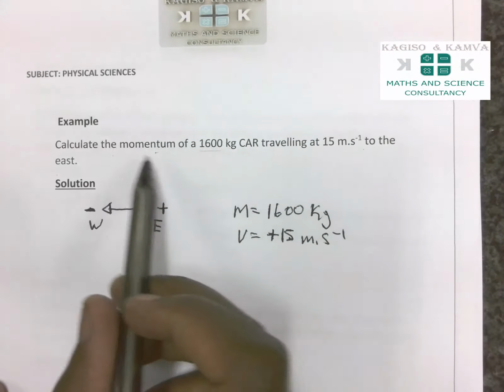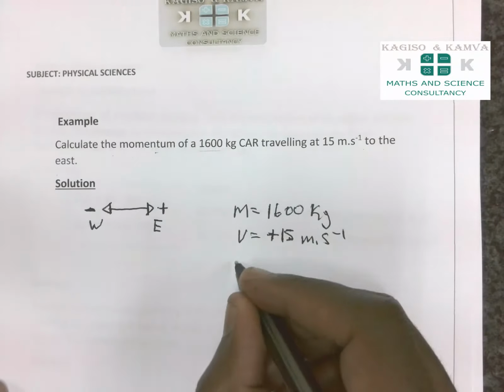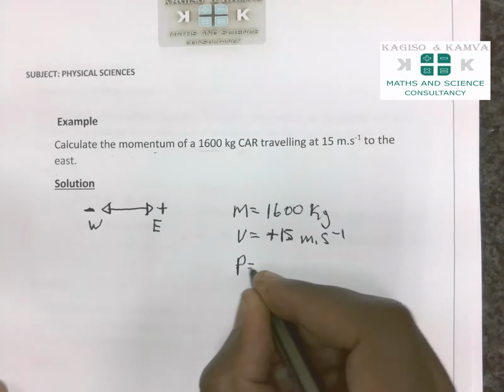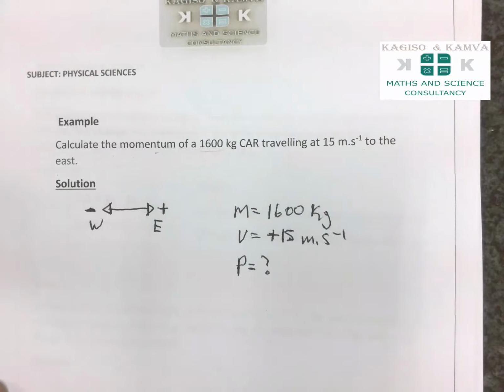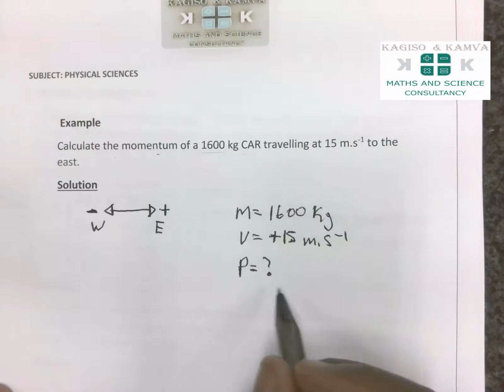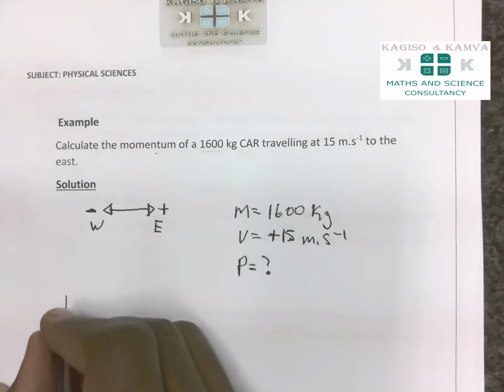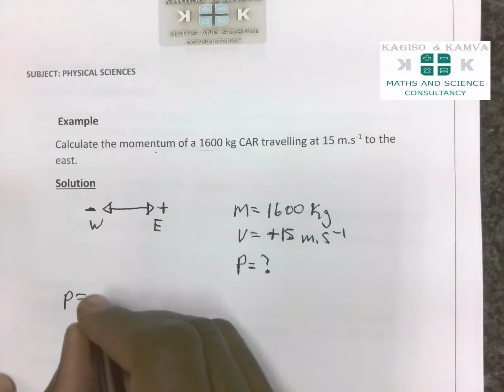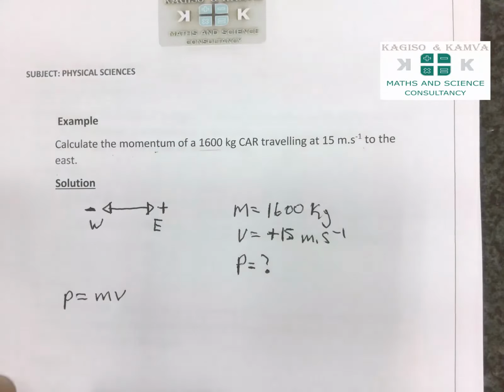We are asked to calculate momentum, so P is going to be unknown. We are going to use our formula for momentum. P is equal to mv.